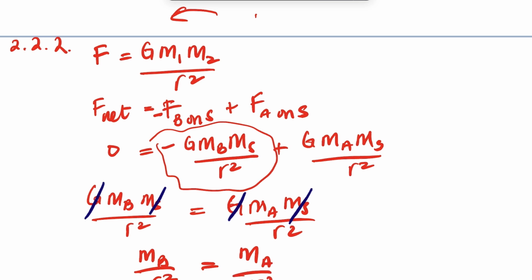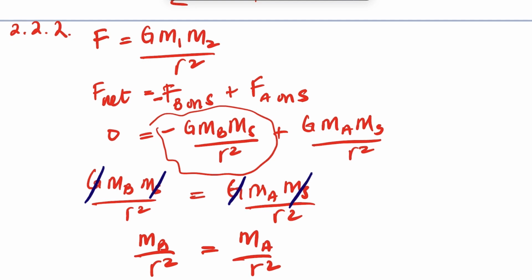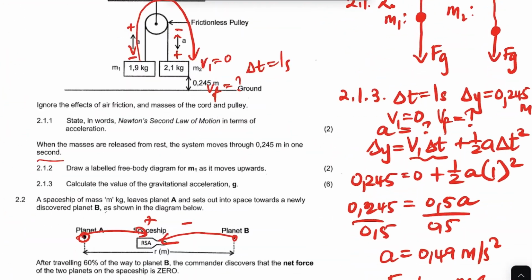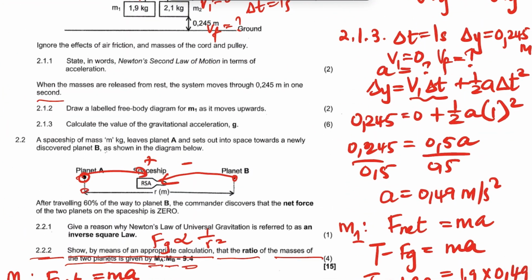Now you need to be careful when it comes to this. We were told about the spaceship's position from A to B. From A, from where it is, it's 60%.